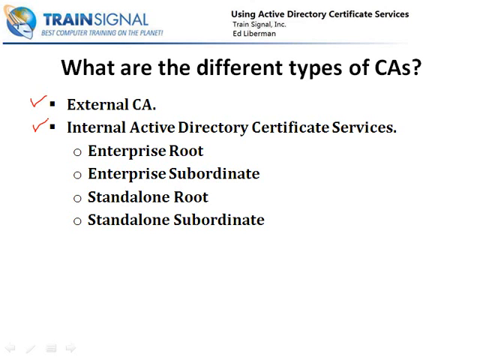Now, just to put a little clarity here, the most well-known public CA is a company called VeriSign. This is a company that has been around for a good many years, and their sole purpose in life is issuing certificates, validating who you are, and then issuing you a certificate.